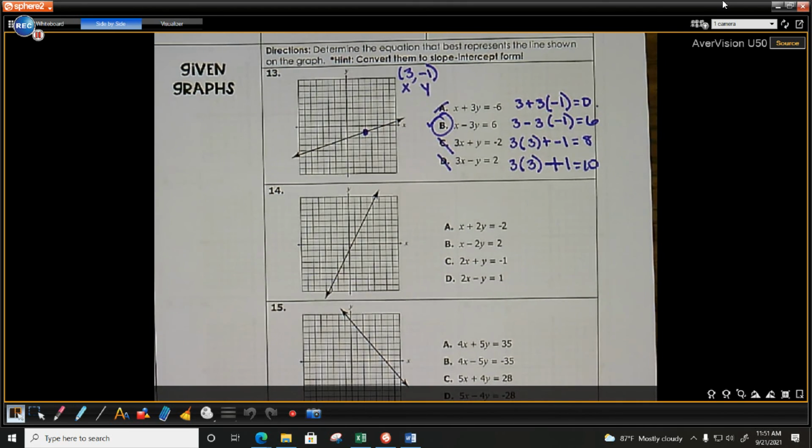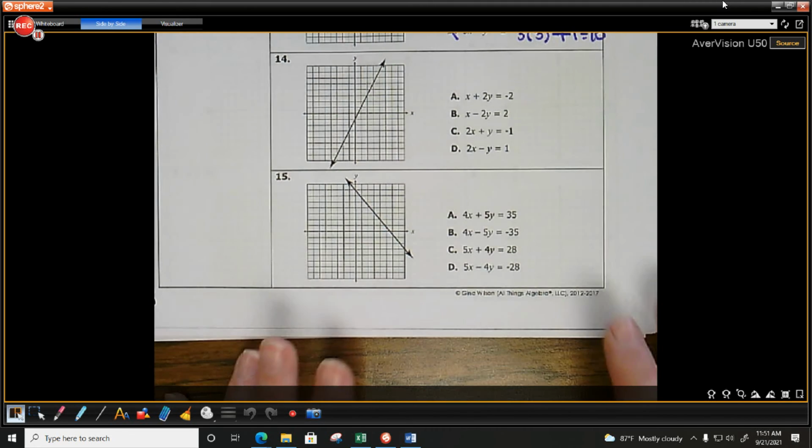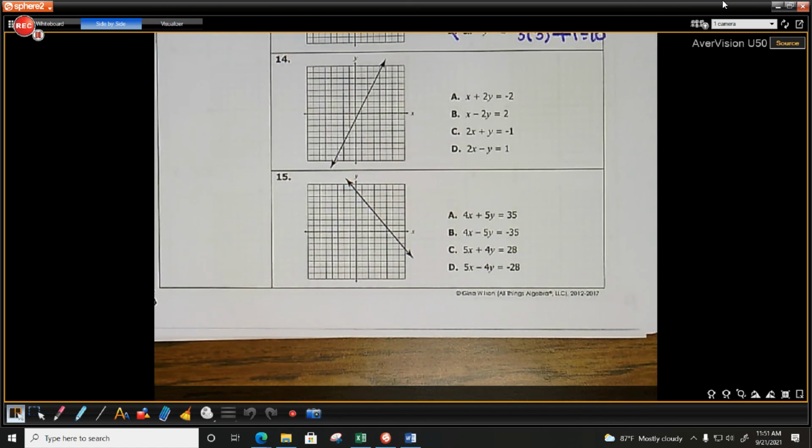Look at number 14. I'm going to call on somebody. So everybody's looking at number 14 because I might call on you. Find a point other than the y-intercept. Write an ordered pair of a point other than the y-intercept that is on the line.